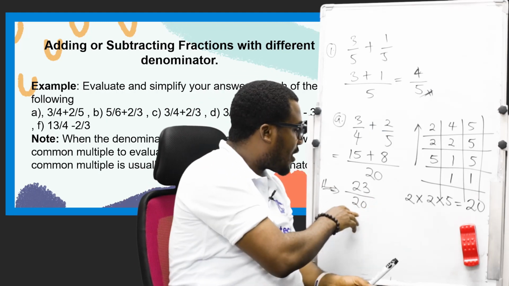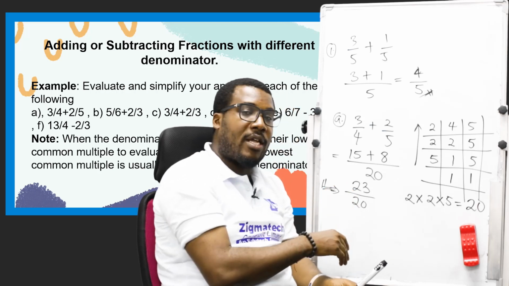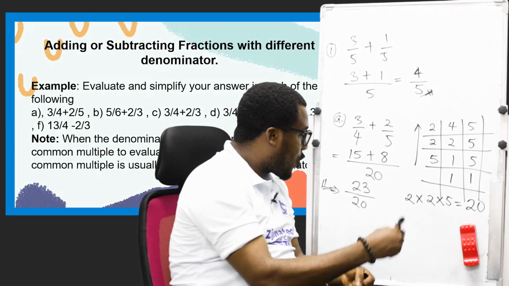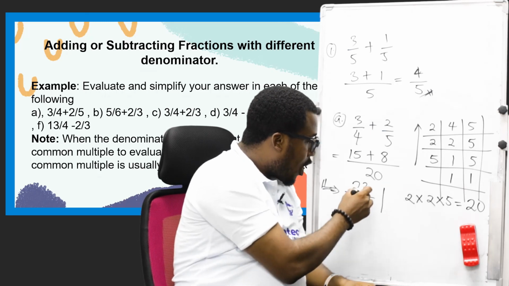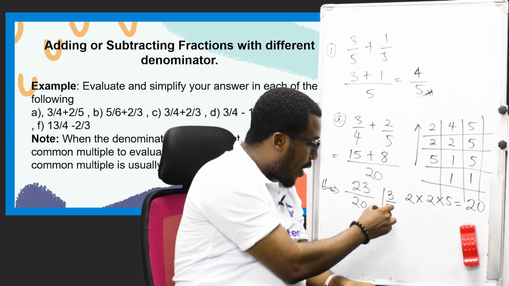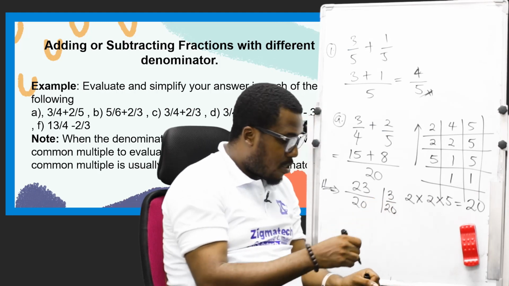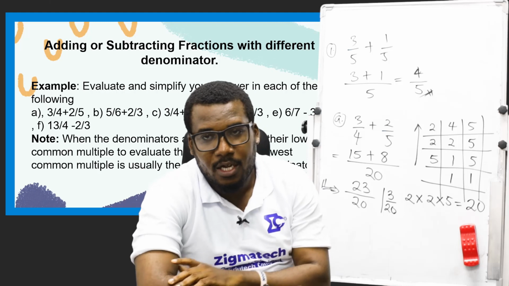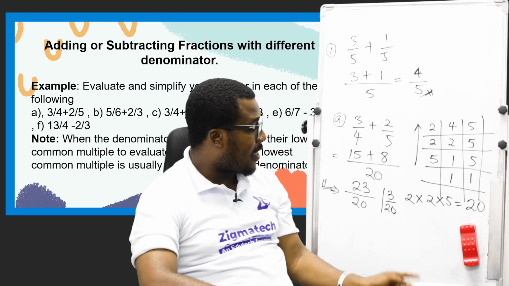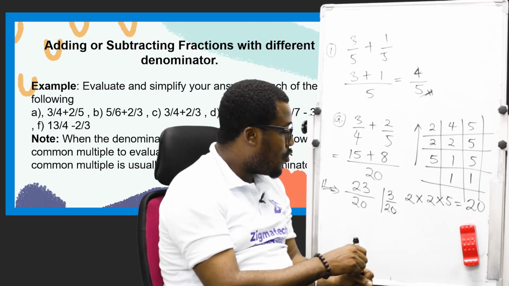So we have 23 divided by 20. If 20 divides 23, it will go 1 time, with 3 remaining, and you put back your 20, which is the denominator dividing the numerator.